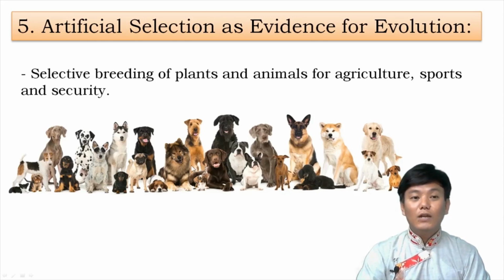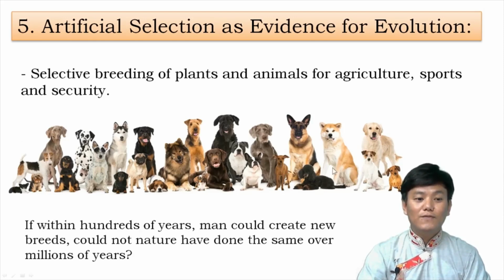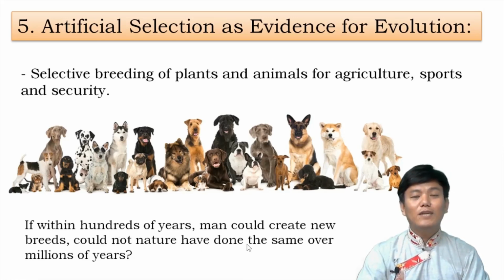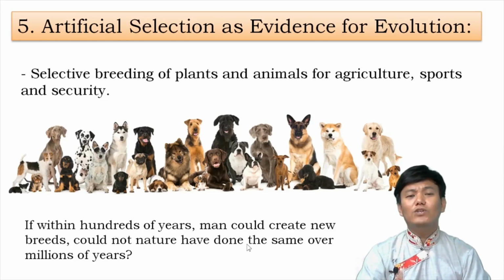Now, the argument for such artificial selection as evidence for evolution is this: if within a few hundred years human beings could create new breeds just like these dogs, could not nature have done the same thing over millions of years? Nature had millions of years at its disposal.